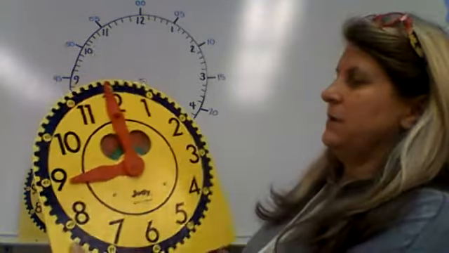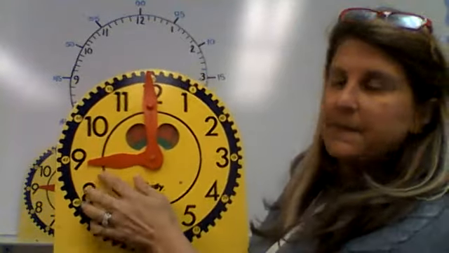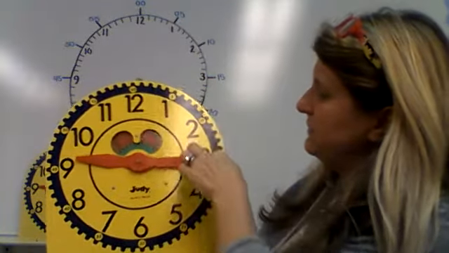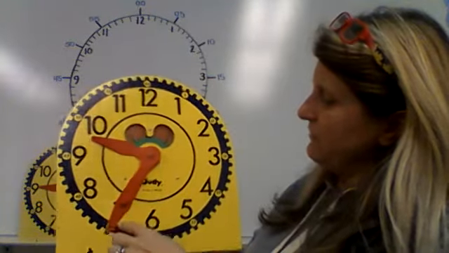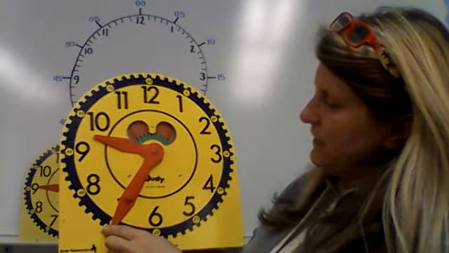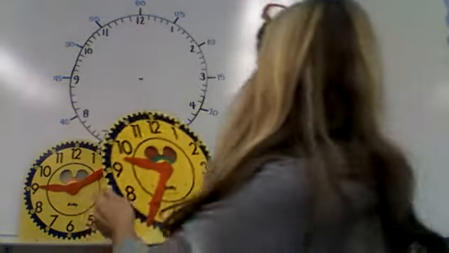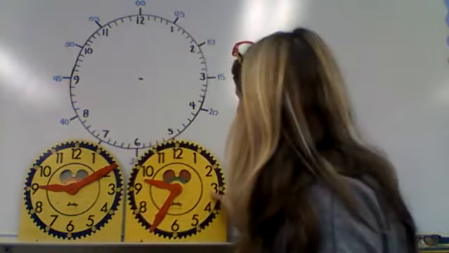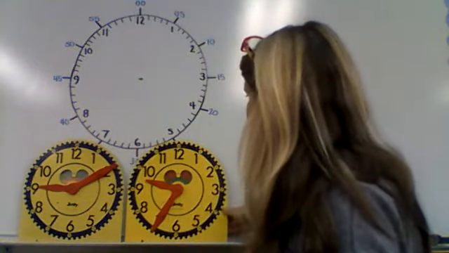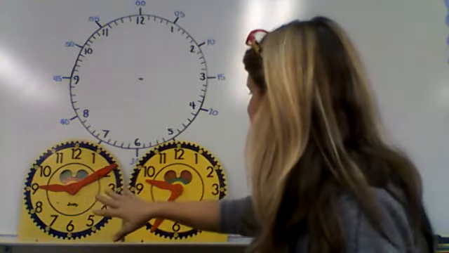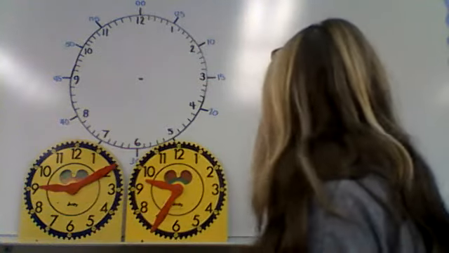So here's 9 o'clock. We're going to go 5, 10, 15, 20, 25, 30, 35. So it ends right here. Now, we want to figure out how much time has passed from 9:10 to 9:35.